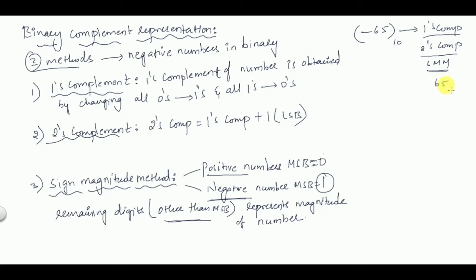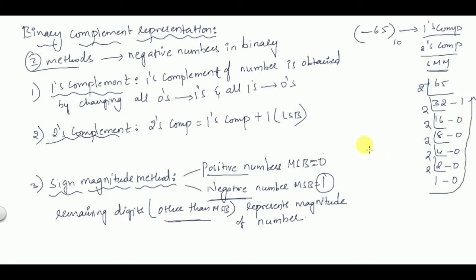So first of all, we'll take the positive number plus 65 and find its corresponding binary. Successive division method: 2 32s are 64, remainder is 1; 2 16s are 32, remainder is 0; 2 8s are 16, remainder is 0; 2 4s are 8, remainder is 0; 2 2s are 4, remainder is 0; 2 1s are 2, remainder is 0. So you have to take this in this order.